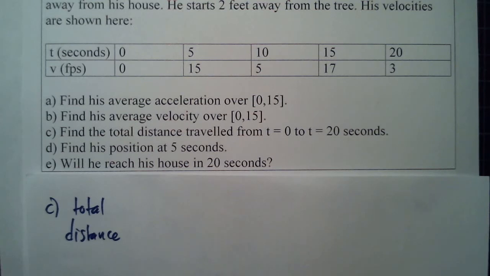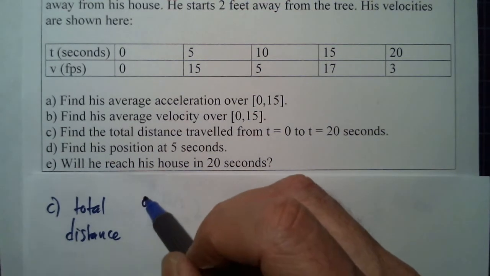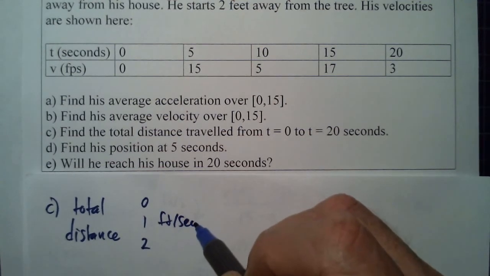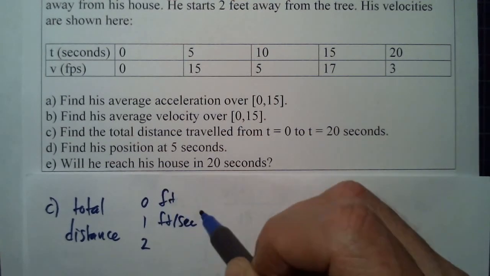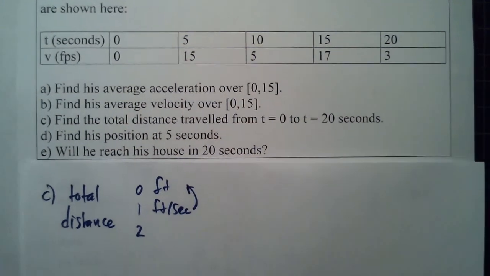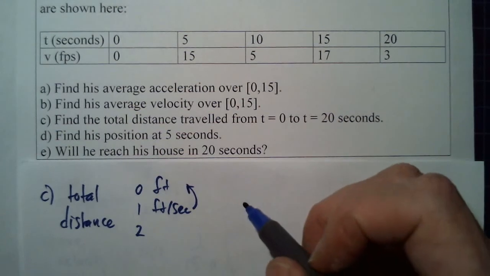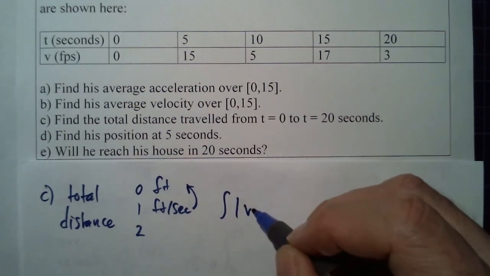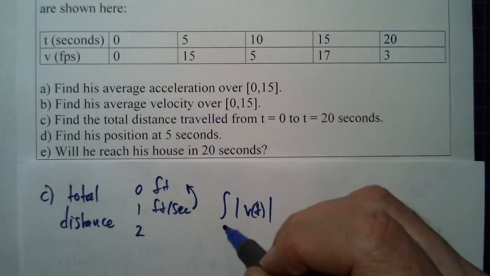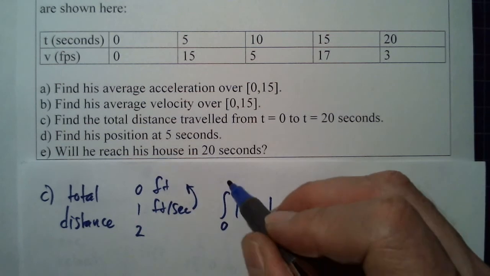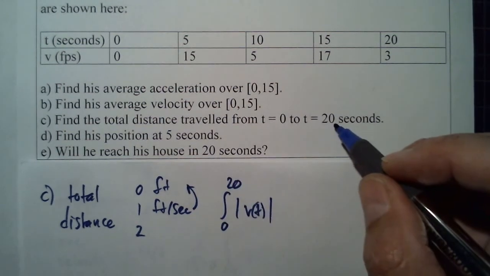So we're given velocity, feet per second, and we're trying to find distance. We're moving up, so that says we need to use an integral, and we're going to do the integral of the absolute value of velocity from 0 to 20 seconds.